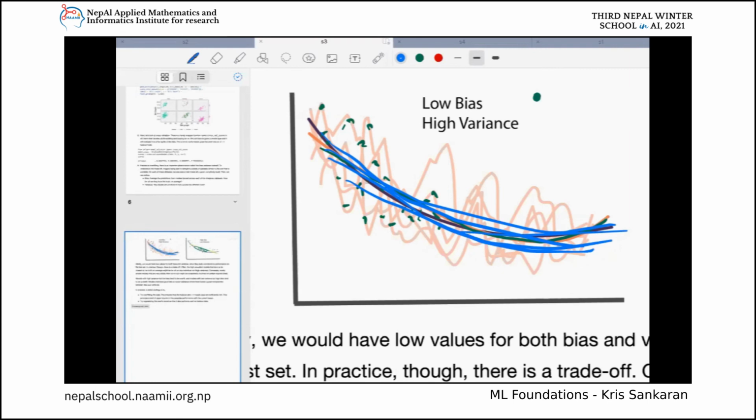When you are fitting the noise, it tends to be above the purple line or below the purple line with equal probability, because it's noise. If it had some systematic structure, then it wouldn't be noise, right? So the noise tends to be above or below with equal probability.